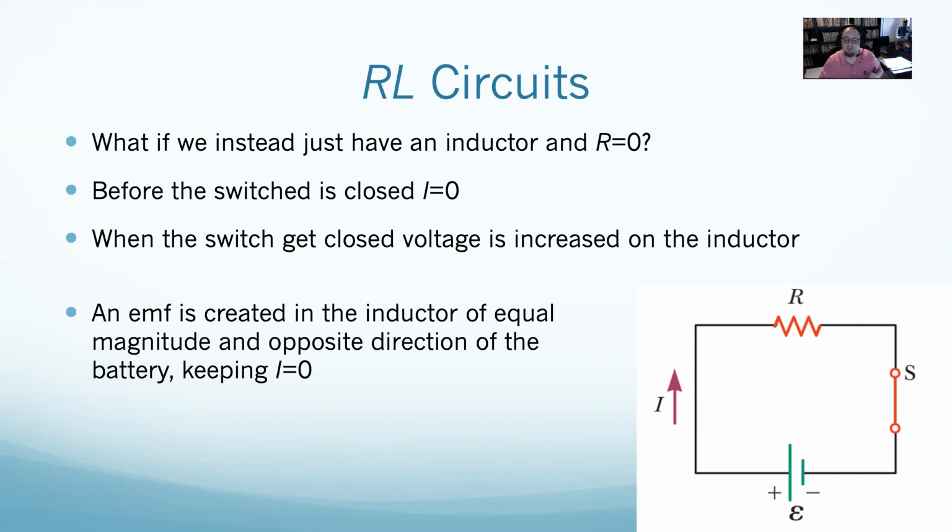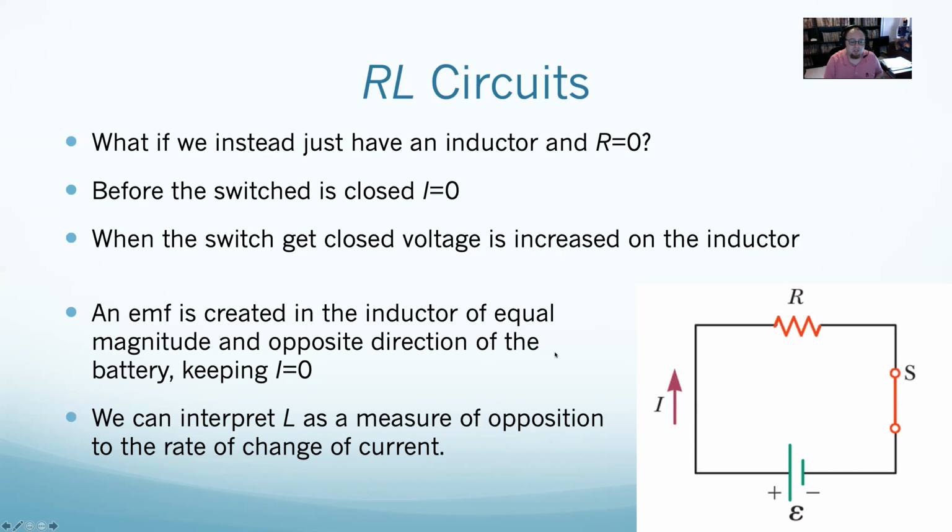So if you just put an inductor in the circuit and no resistance, it'll make it not work. You flip the switch and it would act like the switch didn't close. The reason is that when you flip the switch, there would be an EMF because it's hooked up to the battery. The EMF would try to put a current through our inductor, and the inductor would say no way, and induce an EMF opposing it. And it will keep the current at 0.